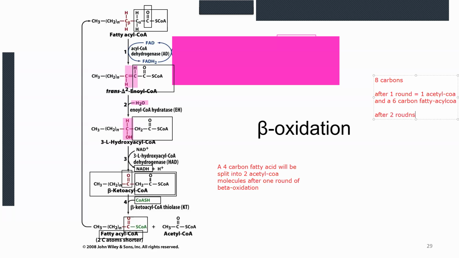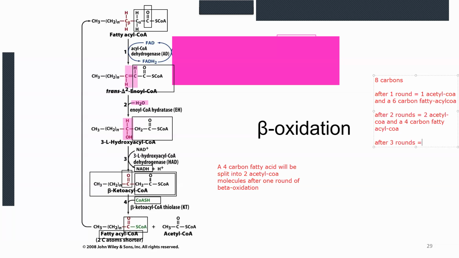After 2 rounds, now we've got 2 acetyl-CoA and a 4 carbon fatty acyl-CoA. After 3 rounds, this is where it's kind of complicated.